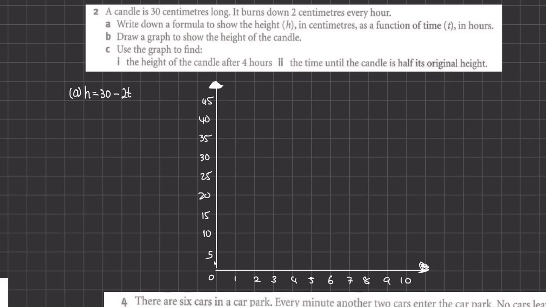So let's try to do it like that. And in the beginning, it will be at 30. So every hour, it dropped by 2. So I'll just take the extreme, which is after 10 hours, the height will be at 10 centimeters, because 30 minus 20 is equal to 10.